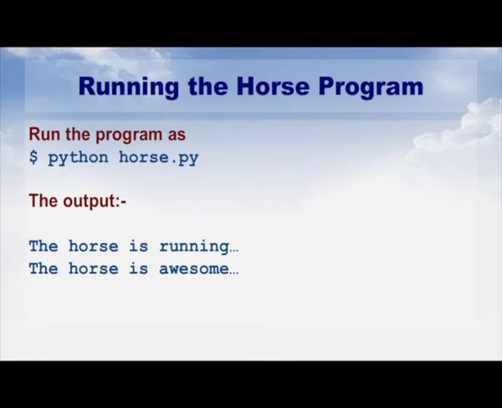It gets printed as a result of running the function horsey dot runs, and the next function that we have accessed is horsey dot be awesome. That prints the horse is awesome. These are the two lines that are printed as output of the program.